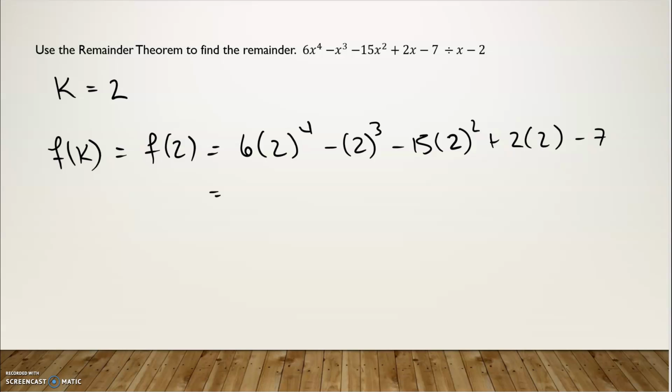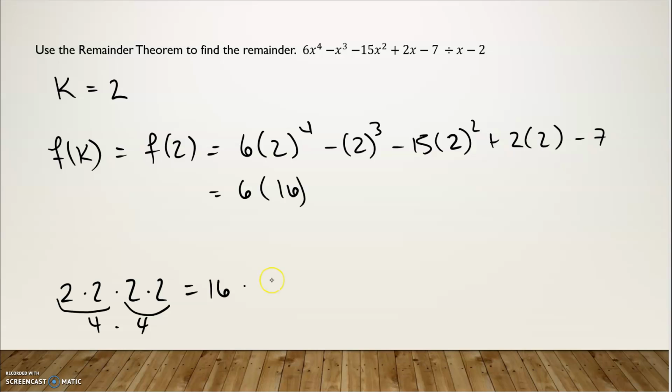Then we've got 6 times 2 raised to 4, and that's just 2 times itself 4 times. This is 4, this is 4, 4 times 4 is 16. Minus 2 raised to 3, so I'm going to take away just one of these 2. So you've got 4 times 2, that's going to be 8.